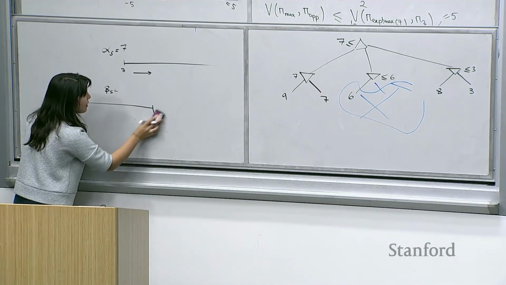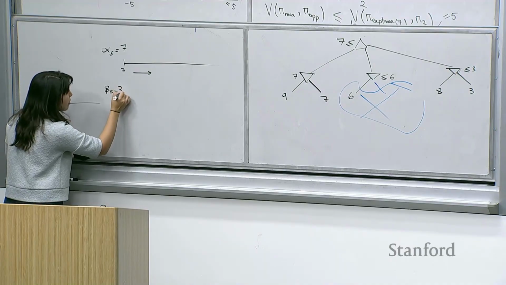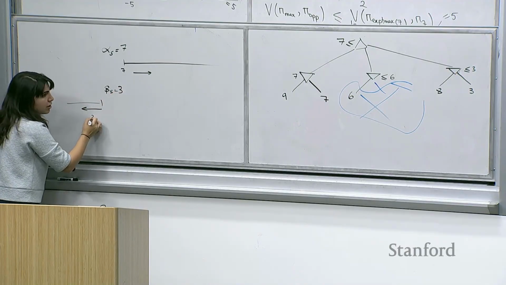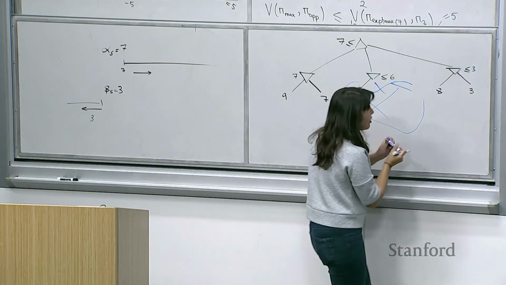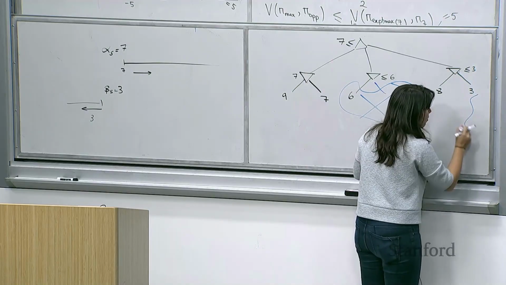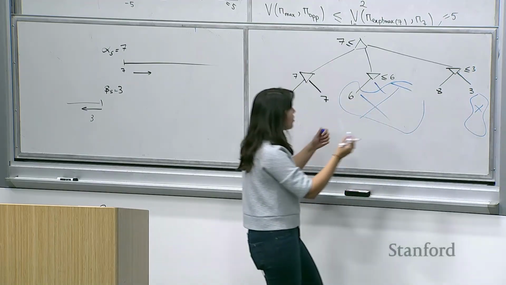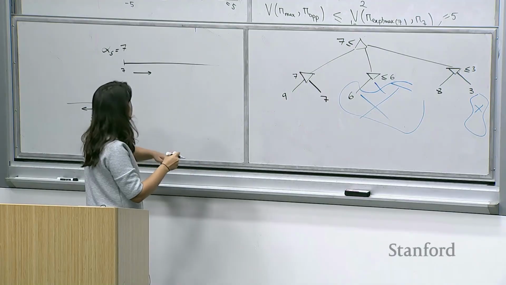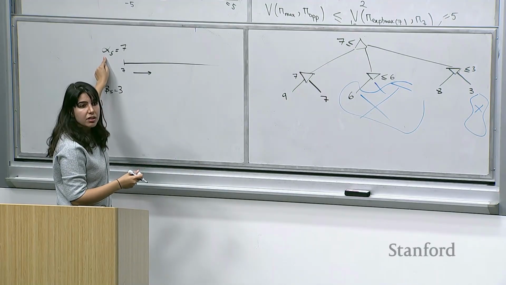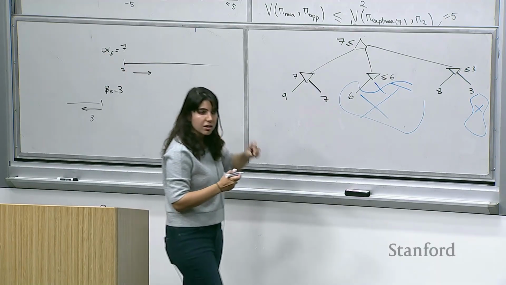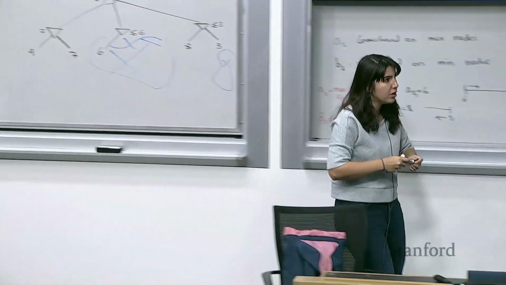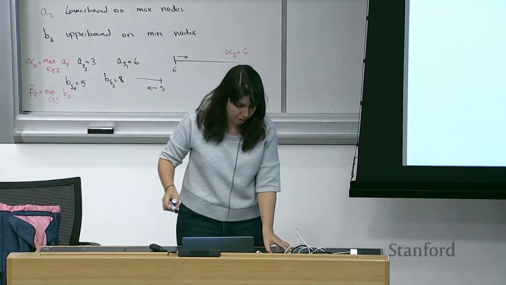Well, I've already explored that part of the tree anyways, but with 3, you don't have an interval. If there were a bunch of things below this 3, and I somehow found this out, I wouldn't need to explore it, but we don't really have that. And then we just find that our optimal value is 7, so we just return 7. Okay. And we didn't explore this giant middle part of the tree.